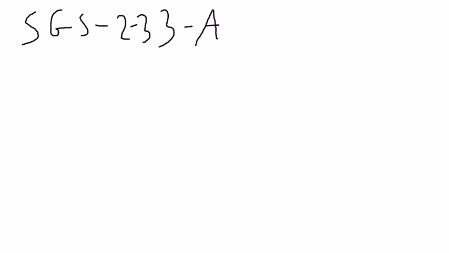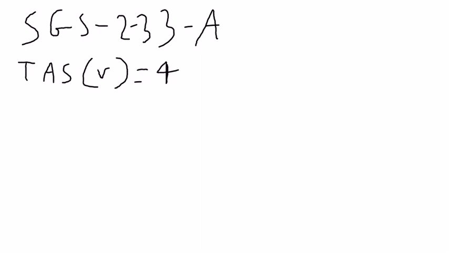So with the SGS 233A, we can look up in the manual that the best lift drag speed is 41 knots. So we're going to plan on sticking to 41 knots during the flight. We'll call that our true airspeed, or I'm actually going to use a variable V in these calculations.